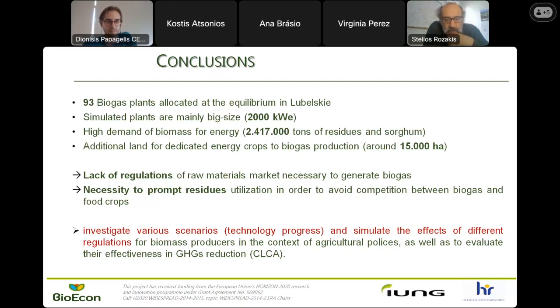High demand of biomass for energy. So both residues and sorghum are demanded by the model. And sorghum is quite an efficient bioenergy crop, and the model results in a considerable amount of area that could be dedicated to the sorghum cultivation for bioenergy purposes.